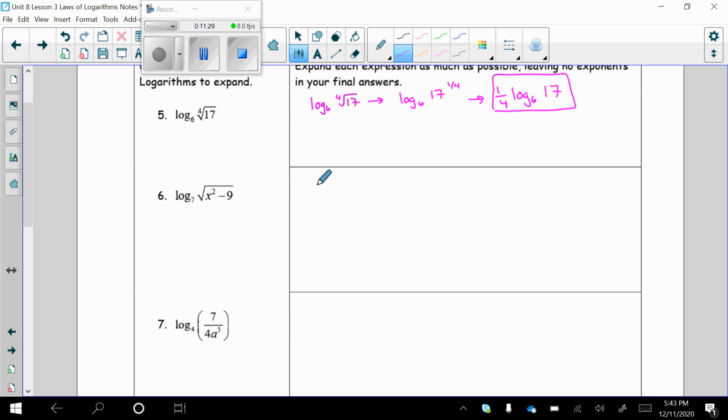So applying that same principle here, we have log base 7 of the square root of x squared minus 9. We can rewrite that as log base 7 of x squared minus 9 to the 1/2 power, because it's the square root. Moving our 1/2 to the front.